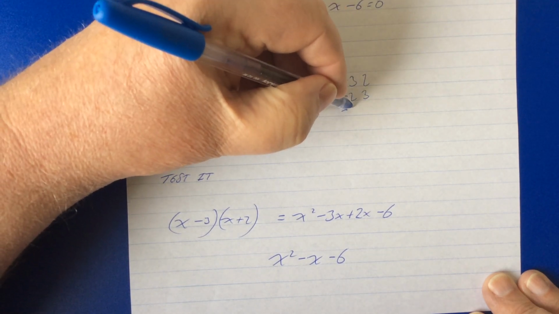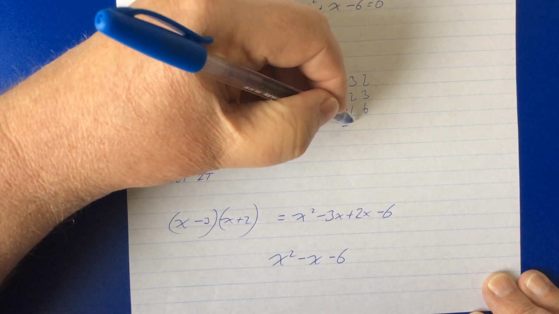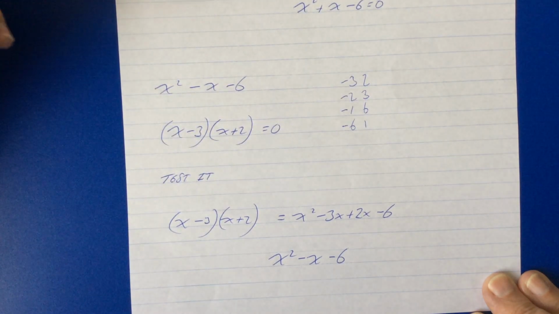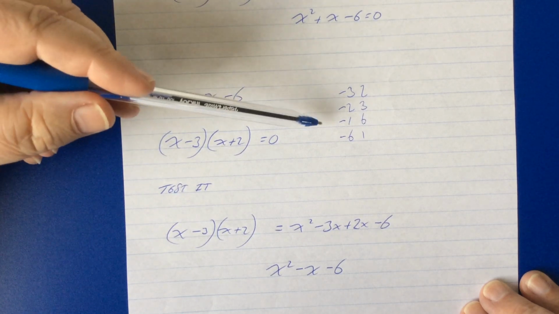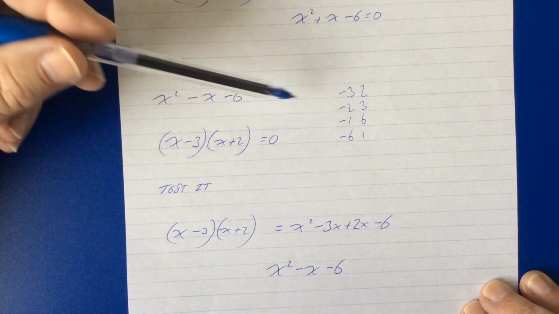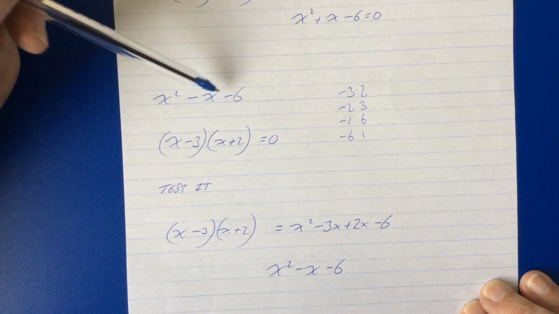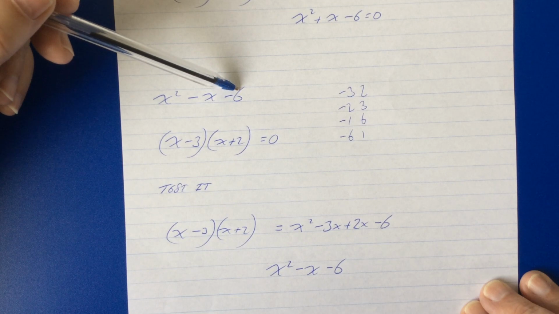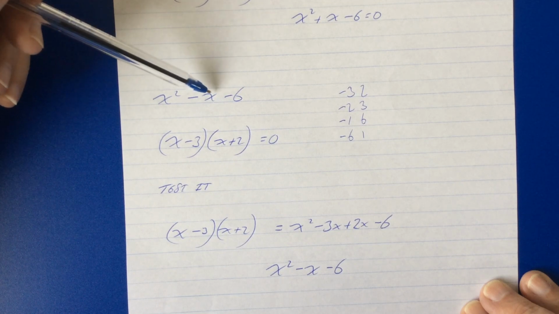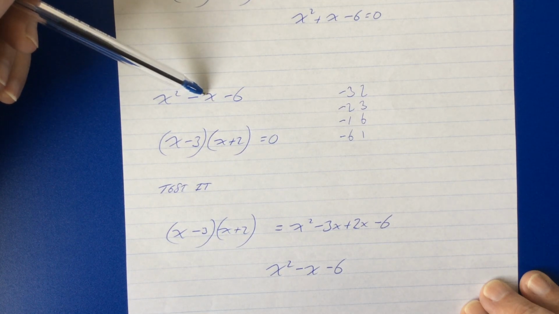We have negative 1, we have 6. And we have negative 6 and 1. And the question is, which one of these factors will give us negative 6 and negative 1? Negative 6 when we multiply the factors, negative 1 when we add them.